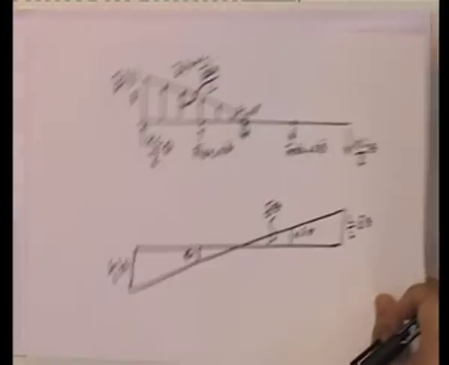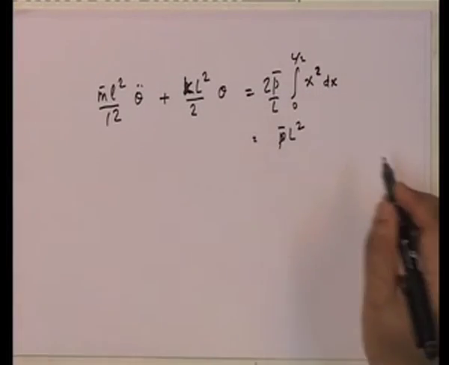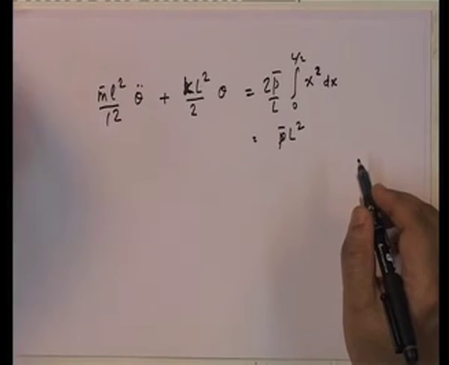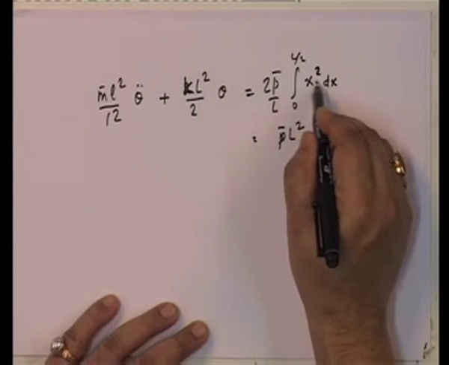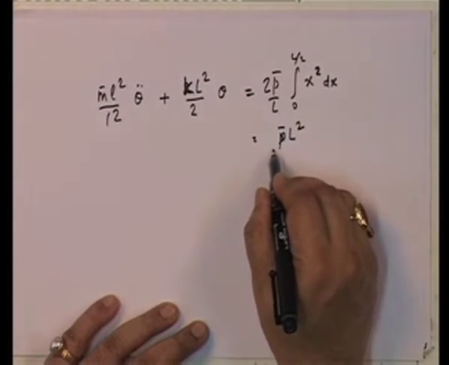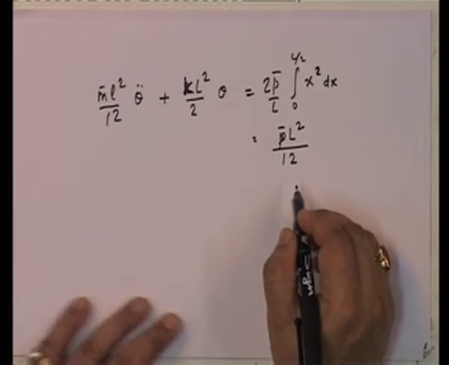This one is 2. So, there is a 2 coming here, 2 p bar. Okay. So, what I have is 2 p bar. So, this becomes 24. So, this becomes p bar L squared by 12.